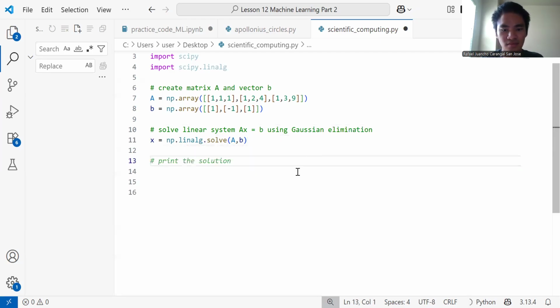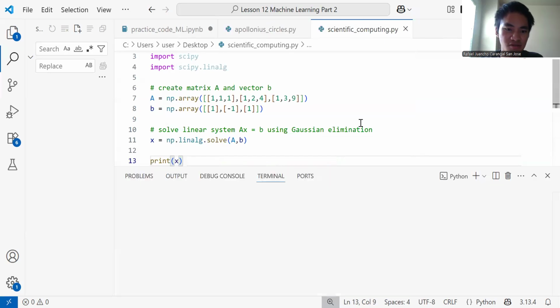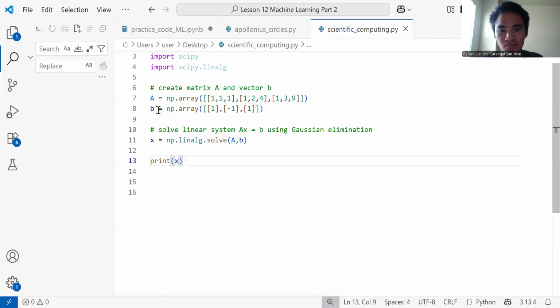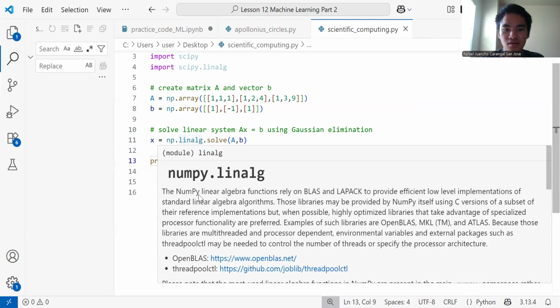And then we can print x. Let's see what it does. And there, we have some x values that we got: 7, -8, and 2.